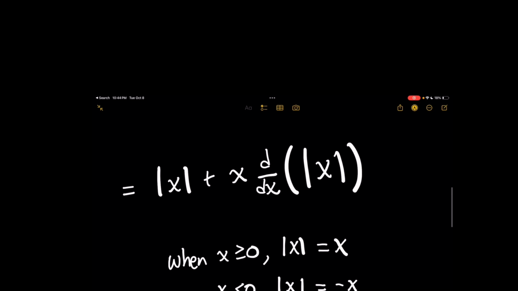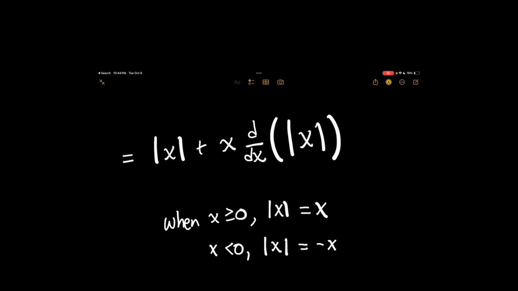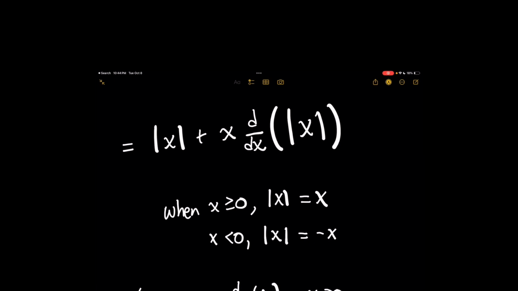Whenever I see the absolute value of x, I always want to think of a piecewise function way of looking at it, specifically breaking up the domain into two parts: when x is not negative and when it's strictly negative. So when x is greater than or equal to 0, the absolute value of x is no different than the original x, because if you're taking the absolute value of something that's not negative, you always get the same thing back, right?